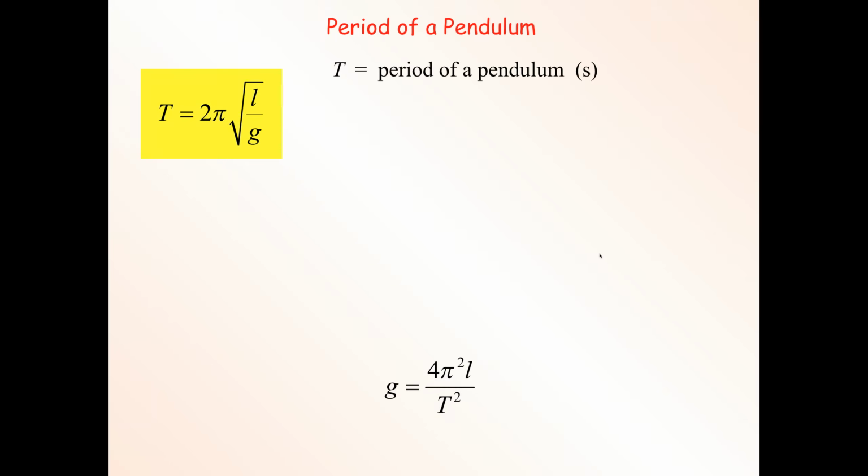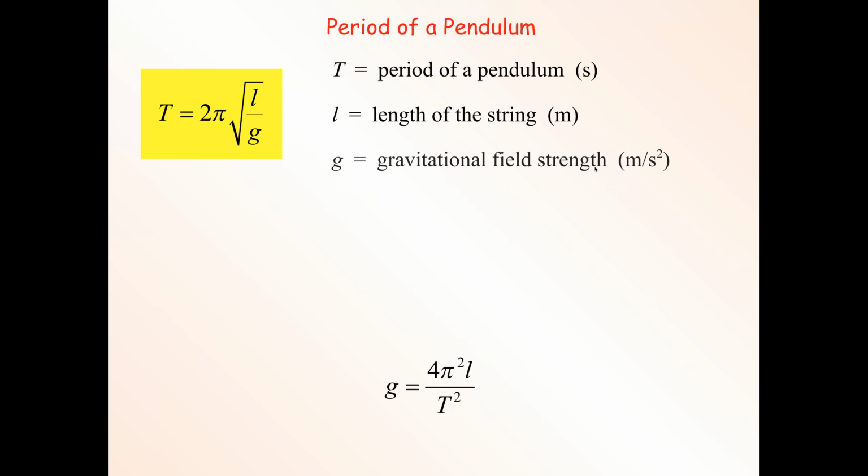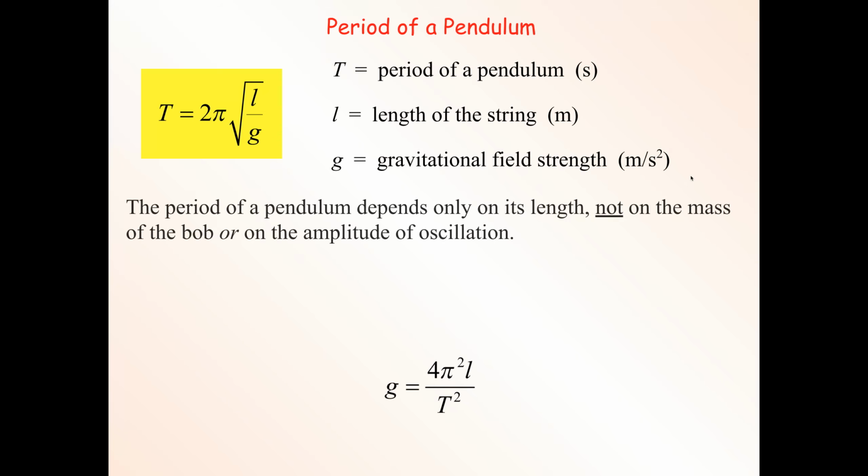For a pendulum, they work this out in your textbook and show you how they get to this formula. But the period of a pendulum is equal to 2 pi times the square root of L, the length of the string of our pendulum, divided by g, our gravitational field strength.